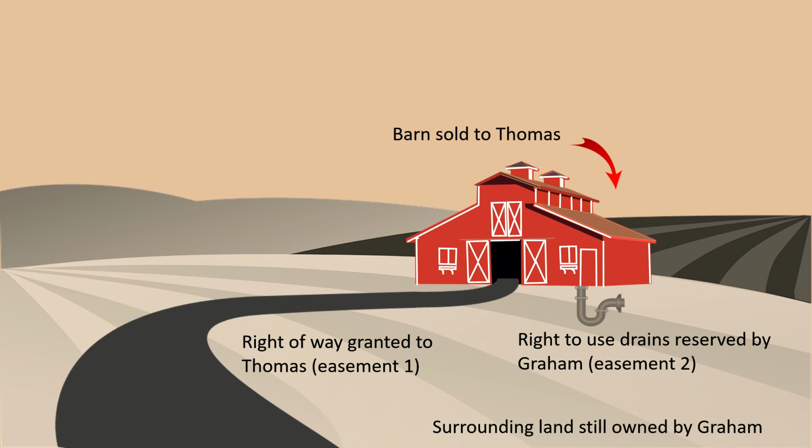So even though he's actually sold the barn, he still needs to retain some rights over the land, because those drains are obviously really important if he wants to manage the farmland well. Okay.